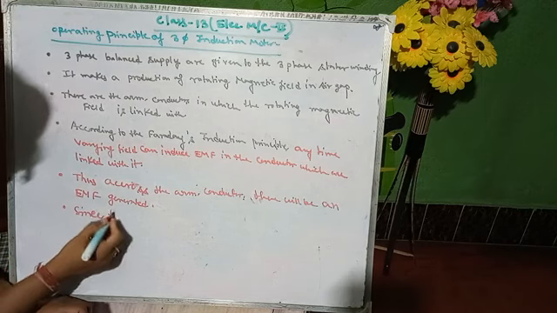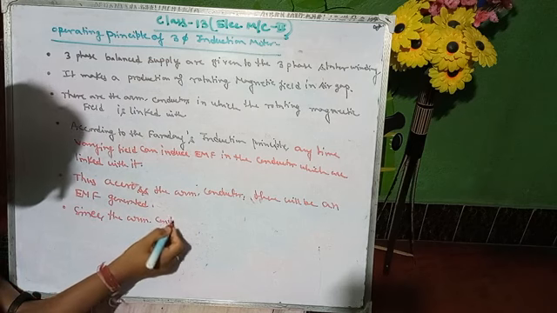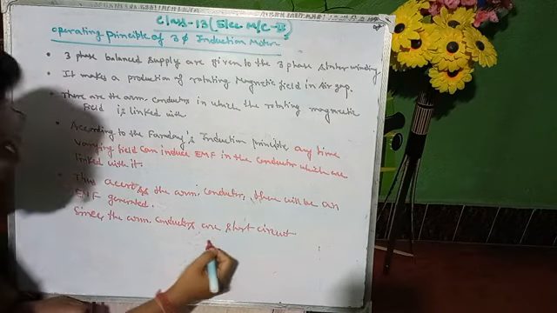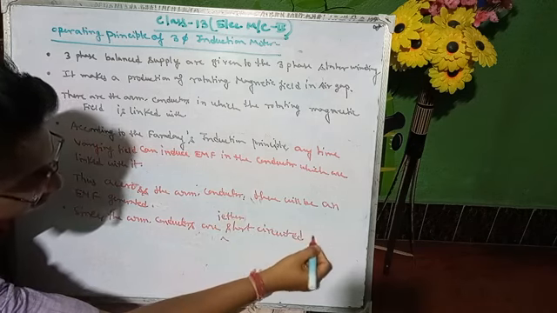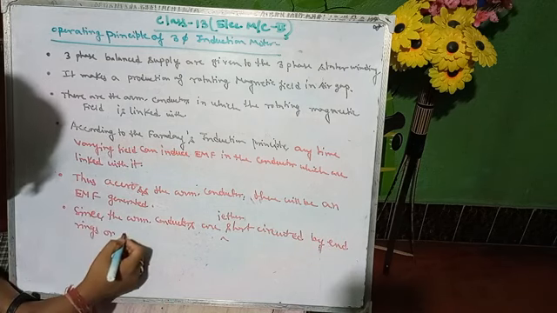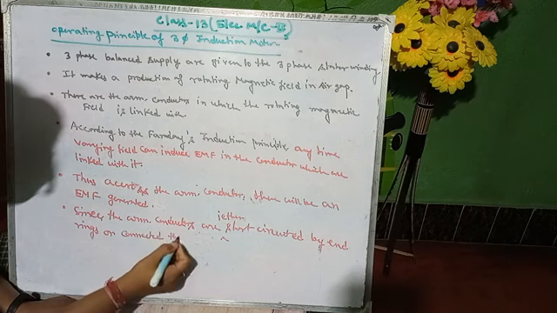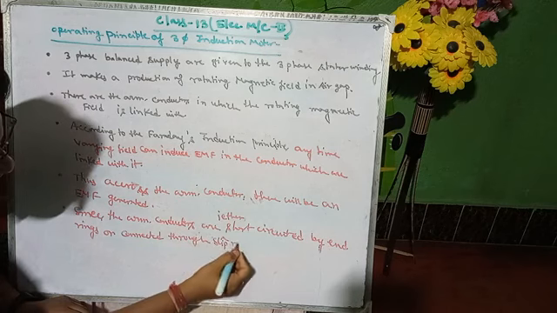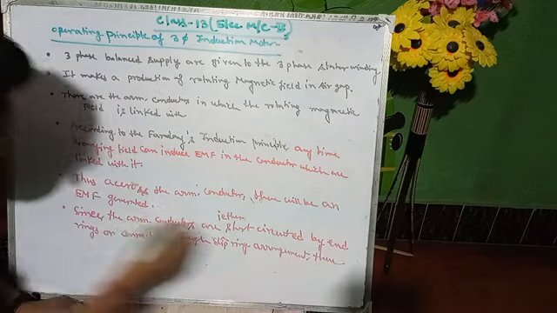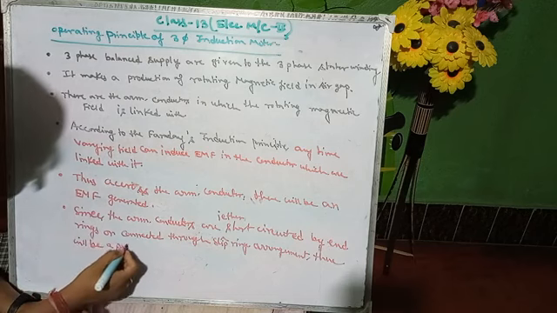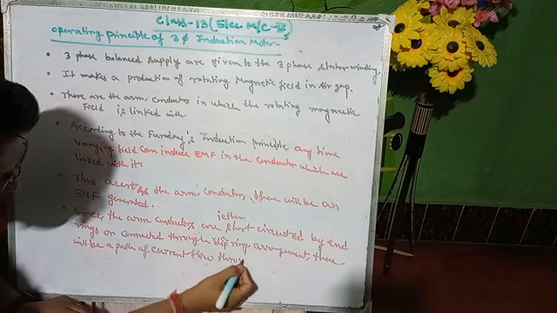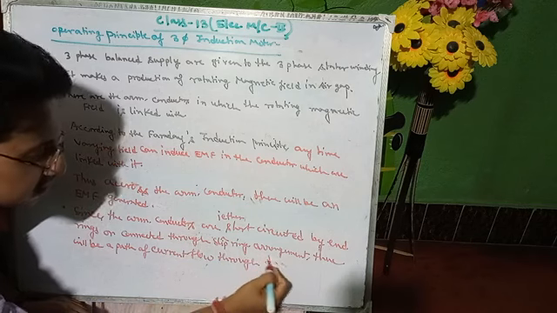Since the armature conductors are either short circuited by end rings or connected through slip ring arrangement, there will be a path of current flow through the armature conductors.